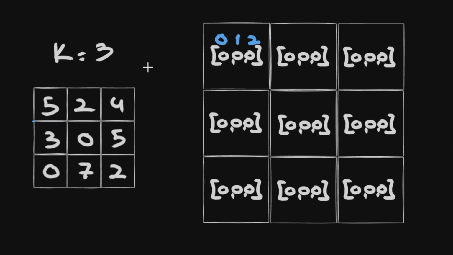Well, it's just 5, and 5 modulo k is 2. This means that here at index 2 we need to add one valid path. This is 1.